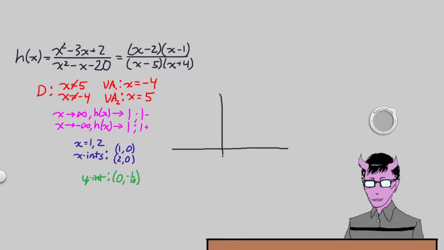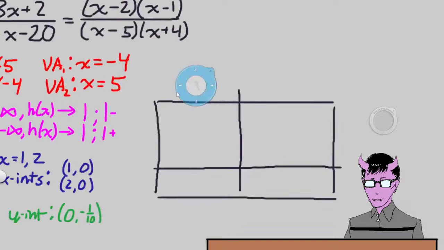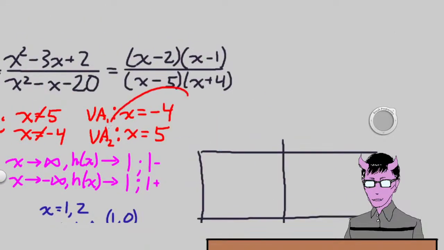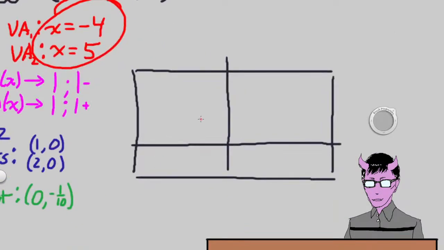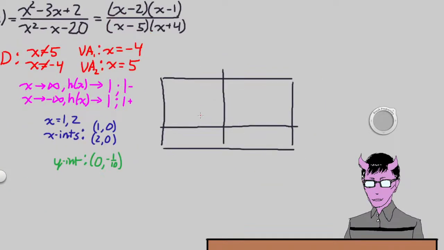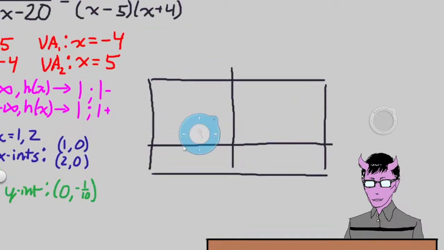I'm going to put the x-axis slightly lower. Alright. Let's deal with the vertical asymptotes. That's my order of operations. You can start upwards, downwards, or downwards, upwards. It doesn't matter.